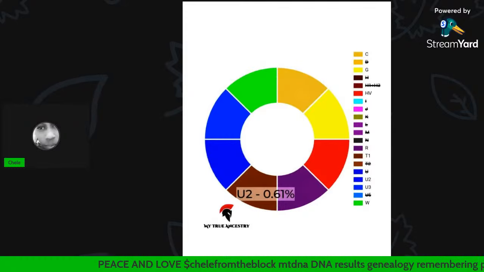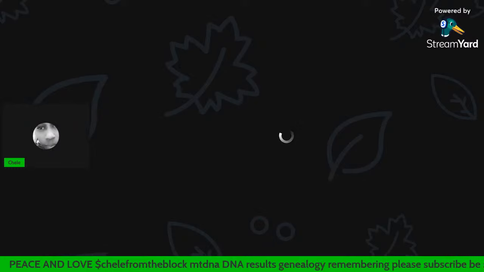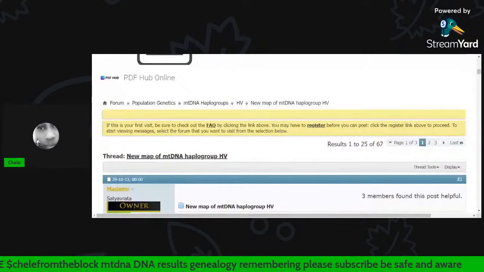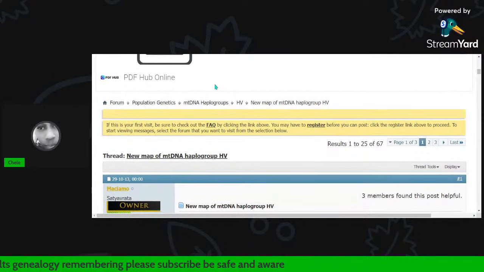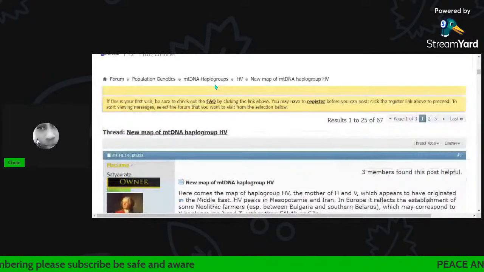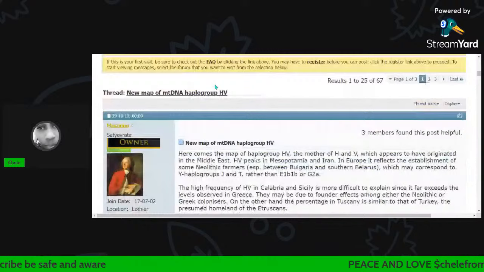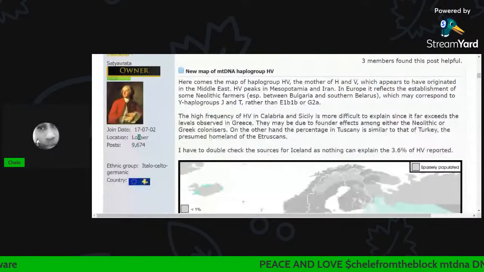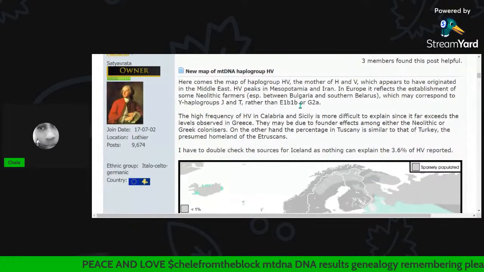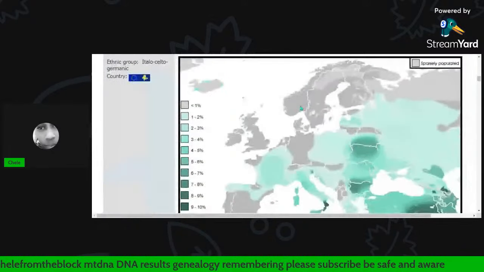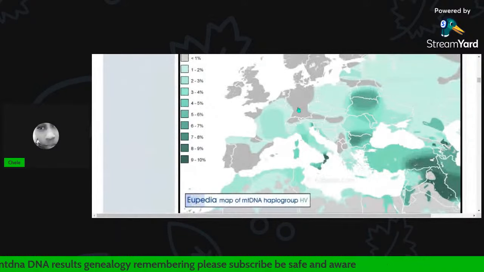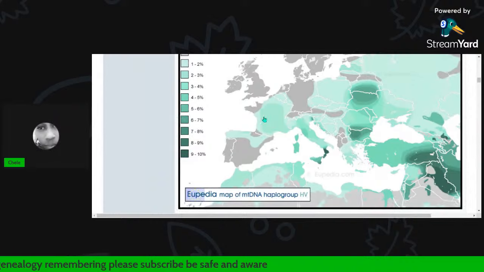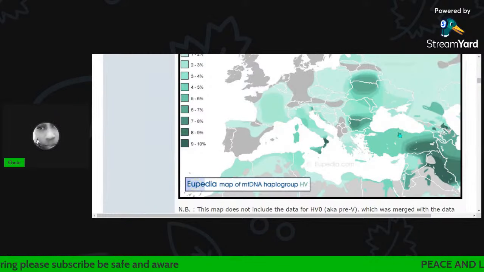So let me come over here and share this document and see where haplogroup HV, new map. Now, this map may be still somewhat out of date. So the percentages of HV.